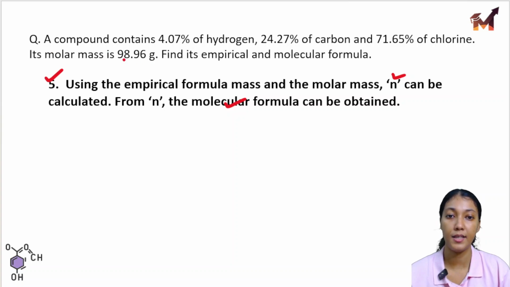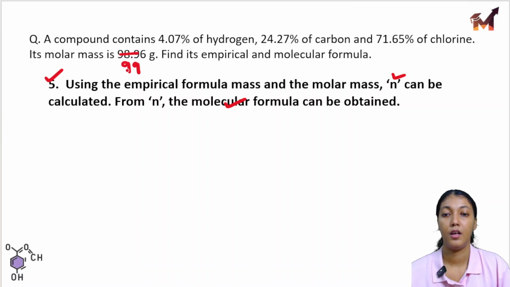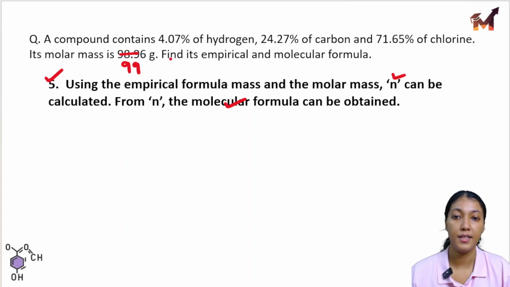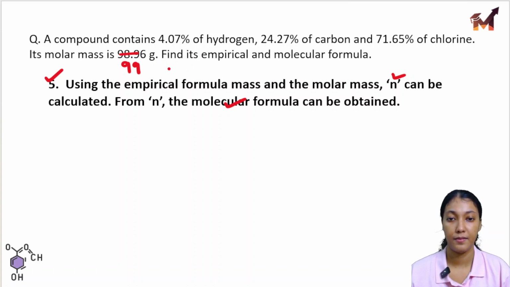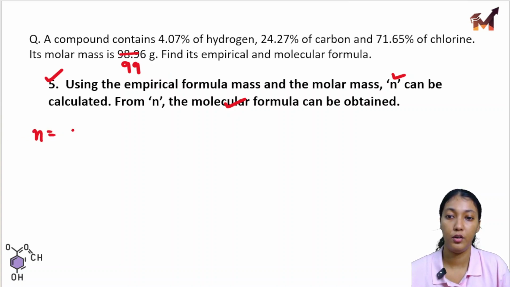Okay, we have the molar mass. This will be 99 grams. So we have the molar mass, which is 99 grams. So N का क्या फॉर्मूला था? N was equal to molar mass of the molecular formula mass divided by empirical formula mass.